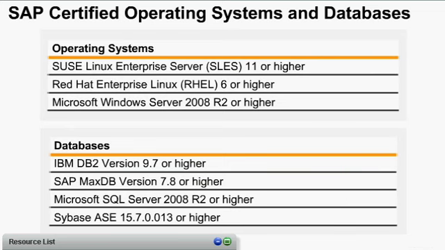There's actually a really good reference implementation on that, and this can be used for high availability for an SAP environment. That's available also on our website. We'd encourage you, if you're running or looking to run an SAP system based on Microsoft or SQL Server, to take a look at that. And then you see the databases here that are also supported, basically the whole gamut from IBM DB2 all the way through Sybase ASE.